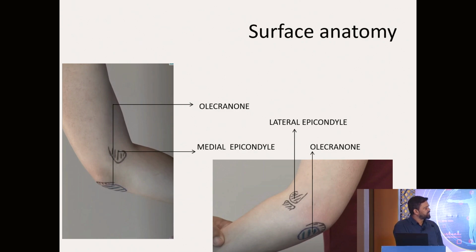Then the other important structure is the radial head. How to palpate for the radial head? How can we confirm whether this is the radial head or the lateral epicondyle? Go just below the lateral epicondyle and do pronation and supination movement of the forearm.